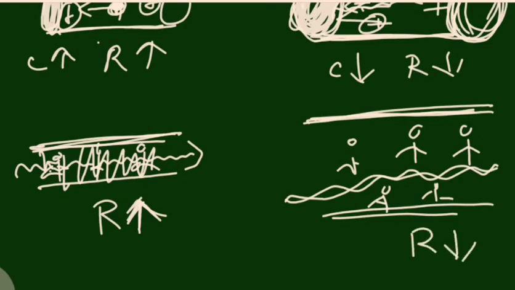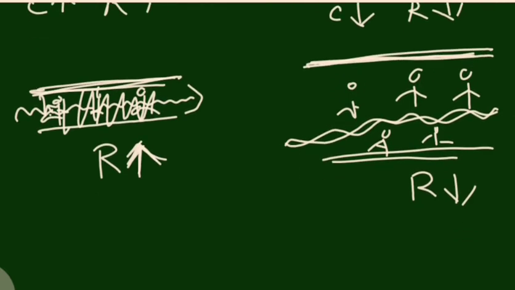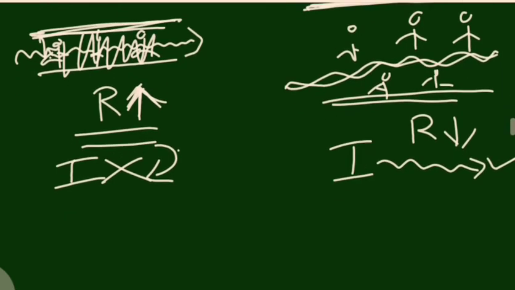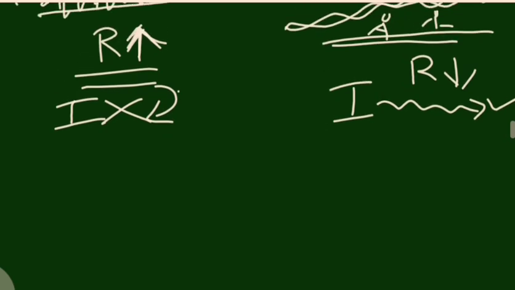Same is the case with current also. If area is less, more resistance, so current will be restricted; it will offer obstruction, more obstruction. If area is more, current can easily flow, and the resistance will be less. So that is the relationship between resistance and area.